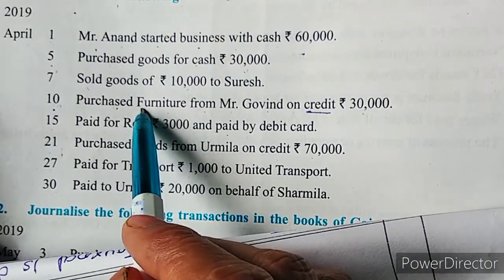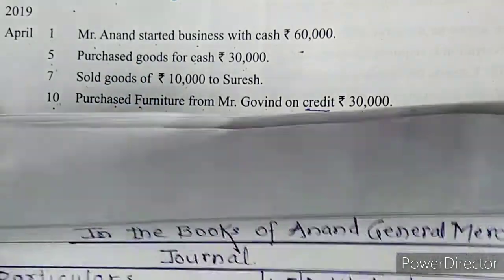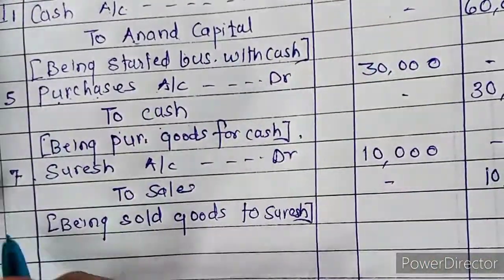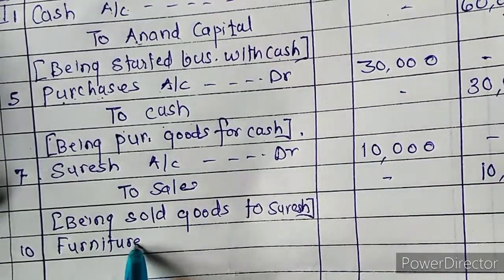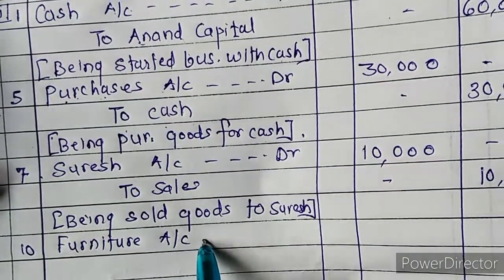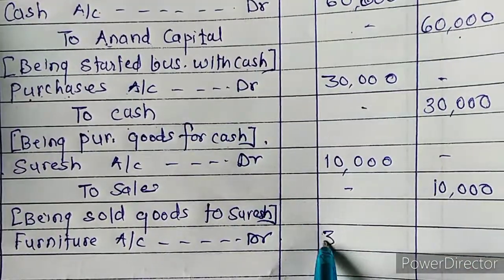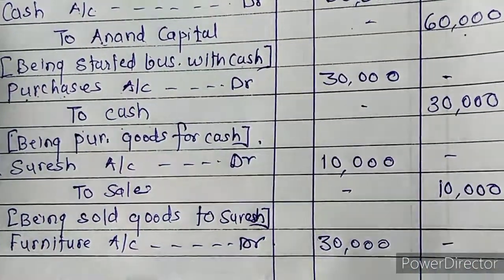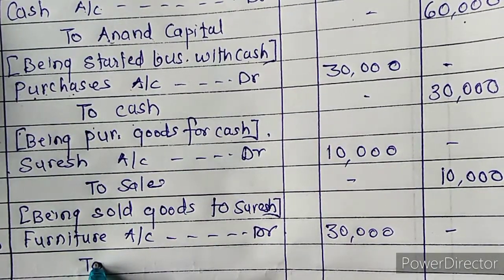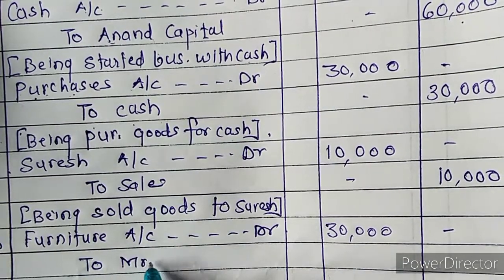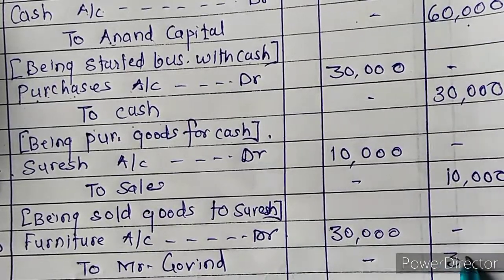Asset comes in, so your entry will be furniture account debit on 10th April, furniture account debit and the amount of furniture is 30,000, to Mr. Govinda's account credit rupees 30,000.